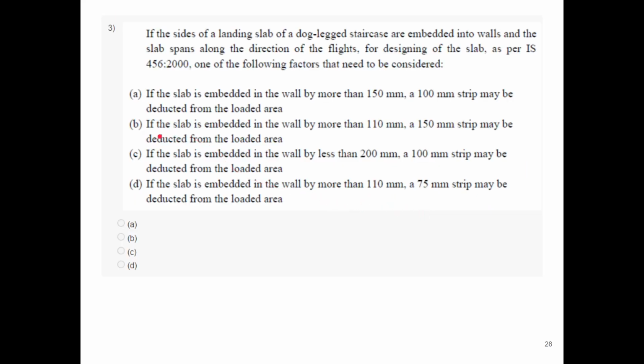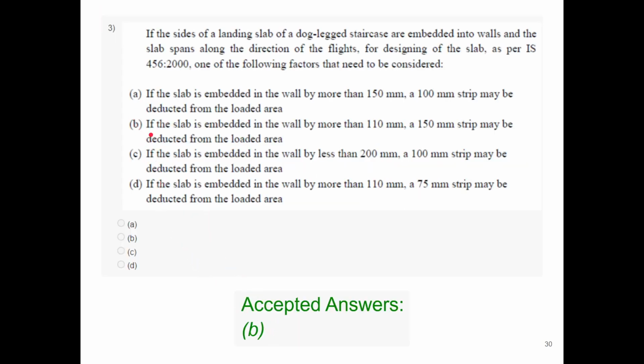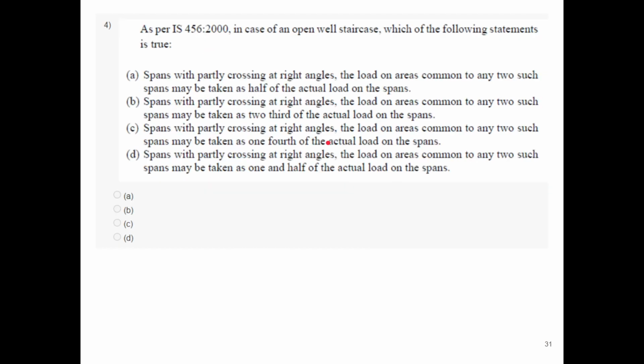So that is given in B. If the slab is embedded in the wall by more than 110 millimeter, a 150 millimeter strip may be deducted from the loaded area. So basically B is the correct option.